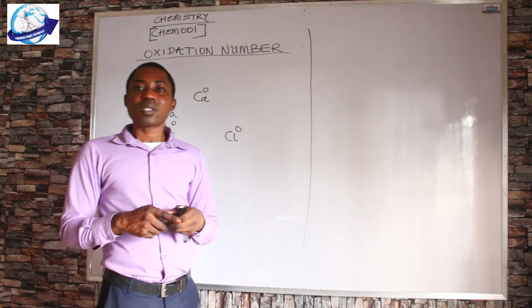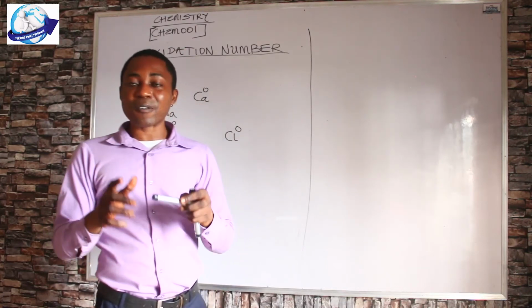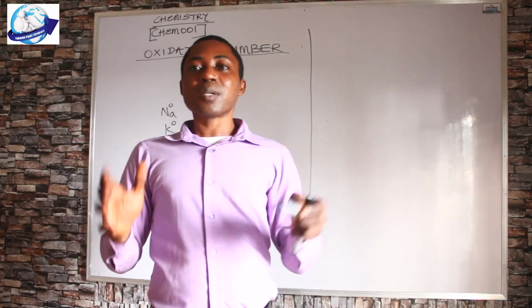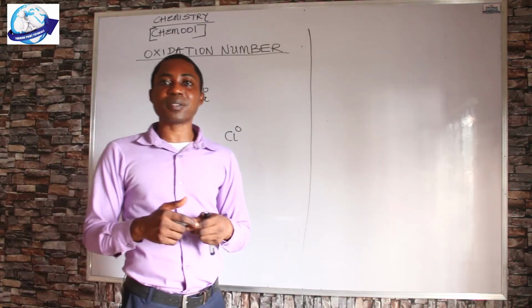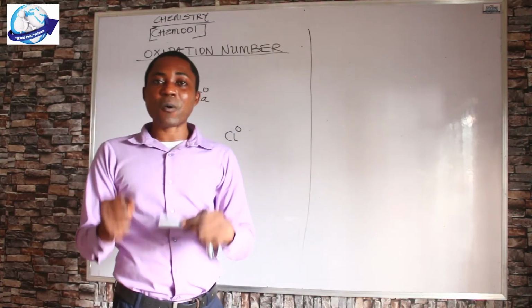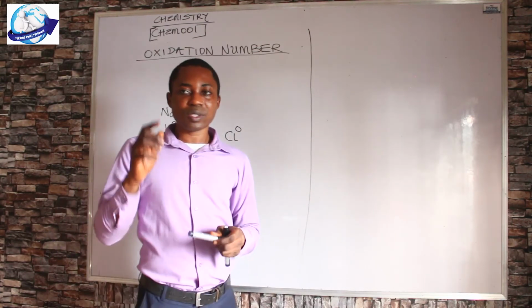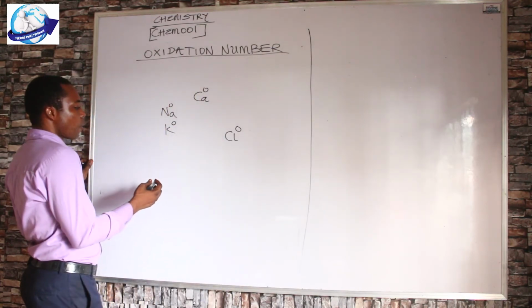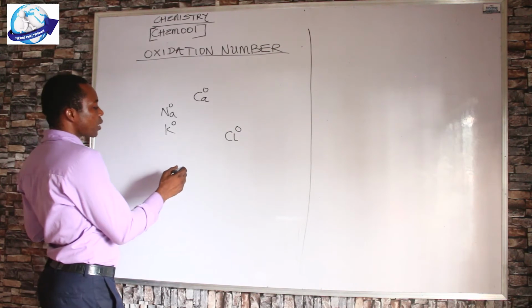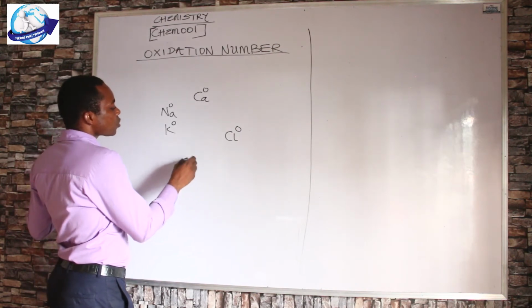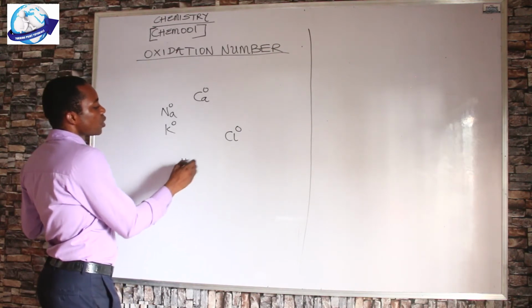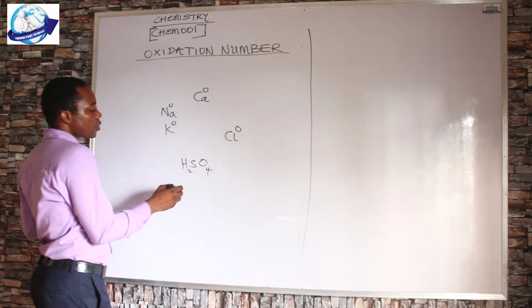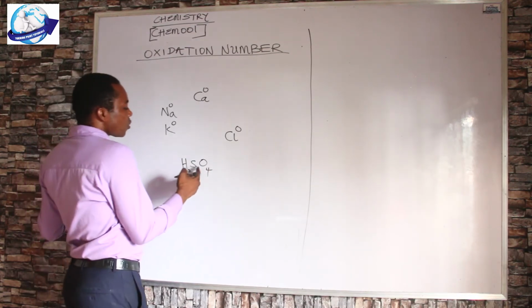Then number two, the sum of the oxidation numbers of all atoms of the elements that come together to form a compound is equal to zero. For example, consider a compound like H2SO4. H2SO4 is tetraoxosulfuric acid or hydrogen sulfate.